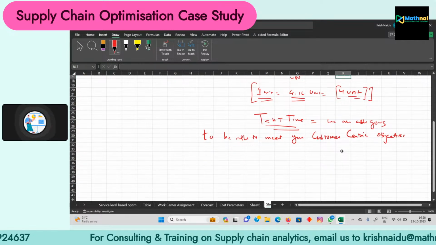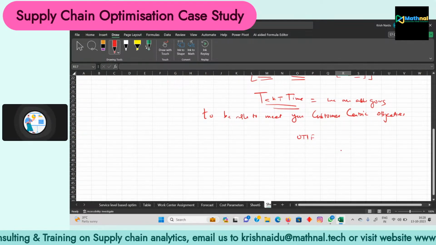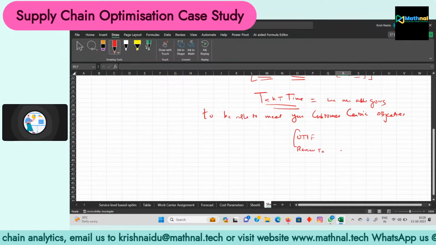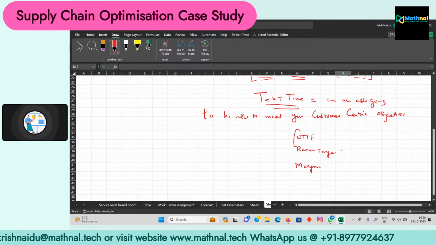What are the customer centric objectives? We have already discussed that, like on time delivery in full, right? So that's a major customer centric one. Another is the revenue targets, right? Your margin targets. Those things, you can service level.